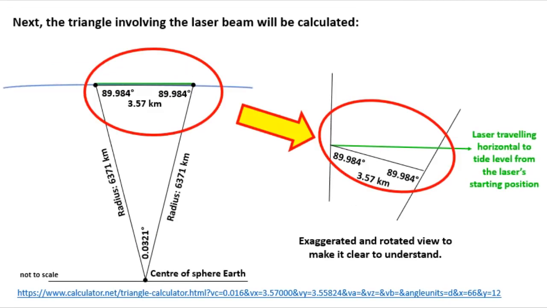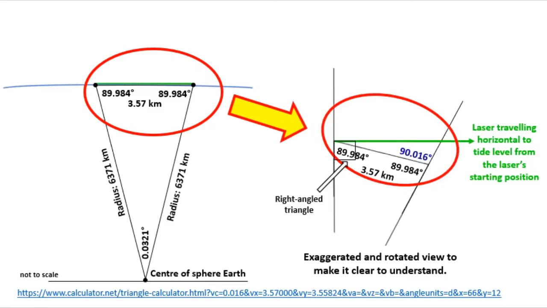Next, the triangle involving the laser beam will be calculated. Laser traveling horizontal to tide level from the laser's starting position. It's been exaggerated and rotated to make it clearer to understand. Laser traveling horizontal to tide level from the laser's starting position, you can see 90.016 degrees, exaggerated again and rotated to make it clearer to understand.